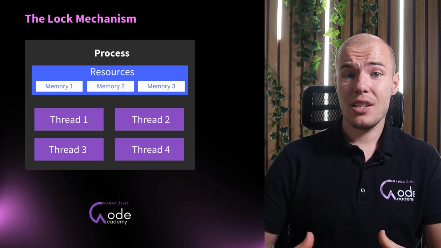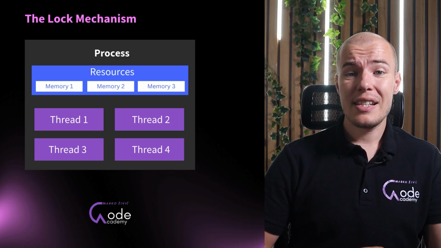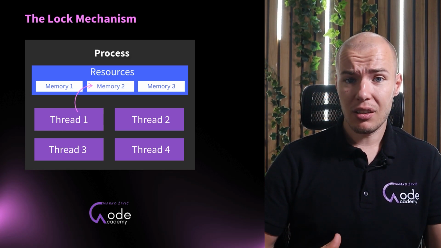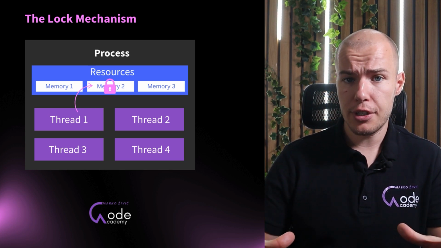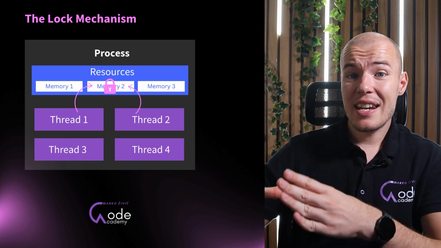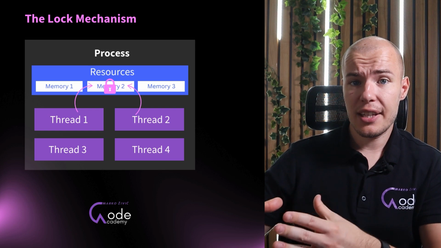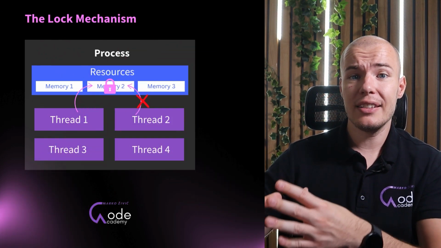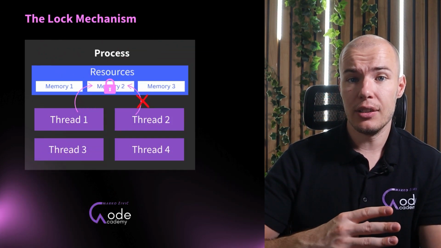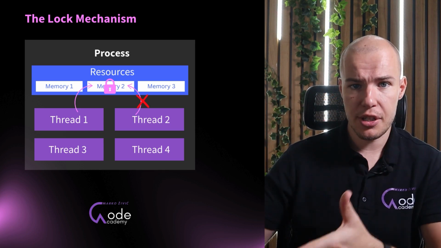When we translate this into C# terminology, this means that when a single thread locks a certain resource, no other thread can access or manipulate that resource in any way until the first thread is done doing its job on that resource.